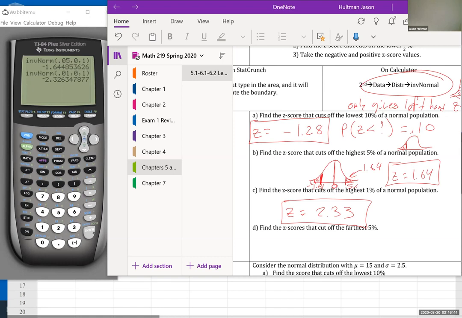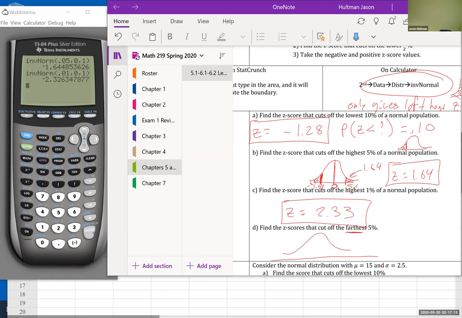Okay, find the z-score that cuts off the farthest 5%. Farthest 5%. Well, what should it be? The farthest 5%, if we look at this guy, it's the normal curve, right? If I could draw a normal curve, that would be great.